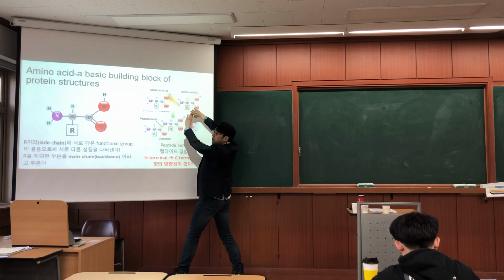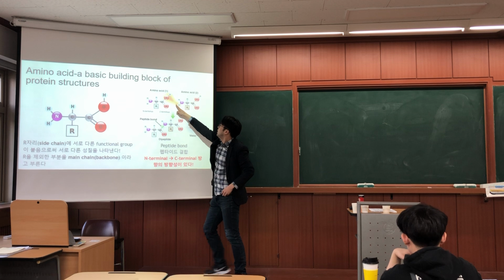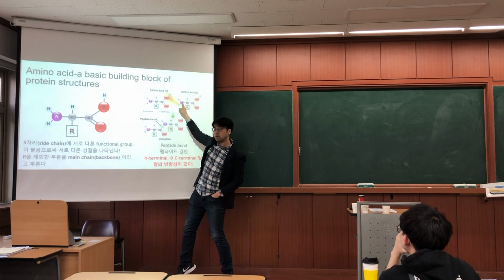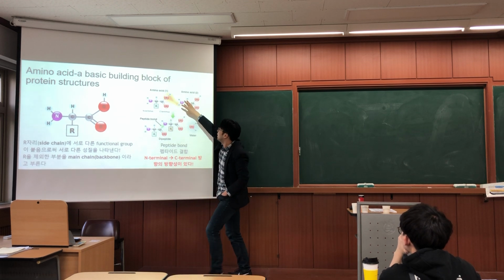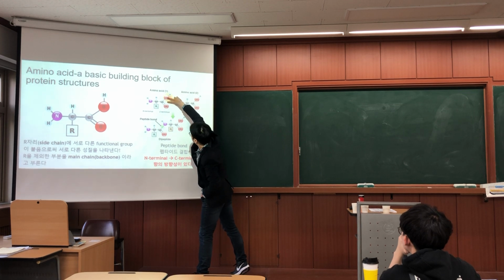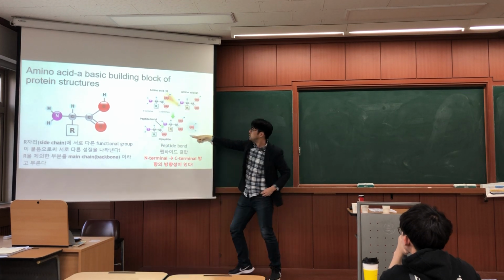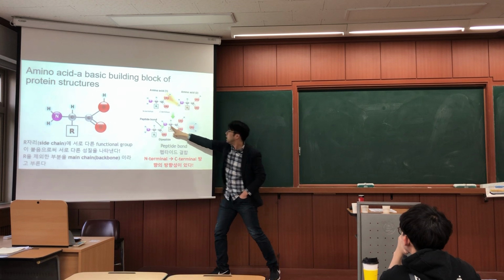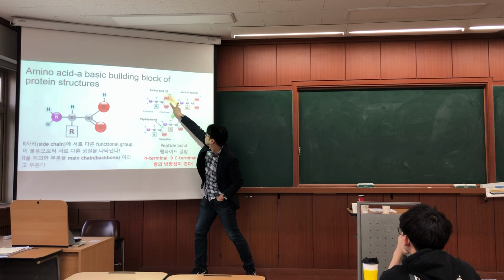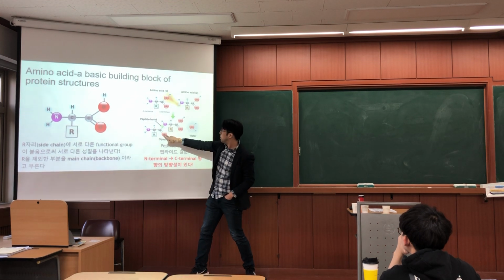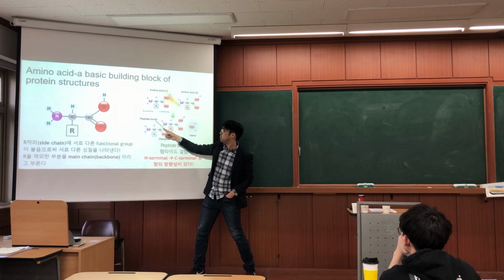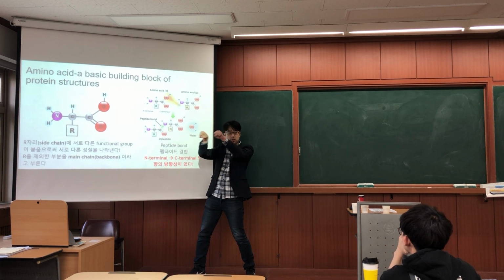When two amino acids are connected, the OH group here and the H from this amine group are bound together, and they form water, right? When these two are connected, a single water molecule is formed, and these two form a covalent bond. This is called a peptide bond, because this is what generally connects amino acids together.